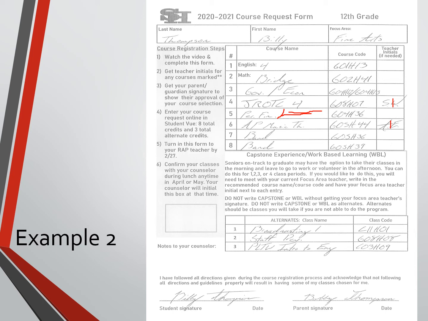Notice on the alternates, they gave good alternates so that if they don't receive one of these classes up here, that'll give us plenty of room to make sure Billy gets one of these classes down here that at least he's interested in. So make sure when pairing a half semester class, you must pair it with another half semester class.